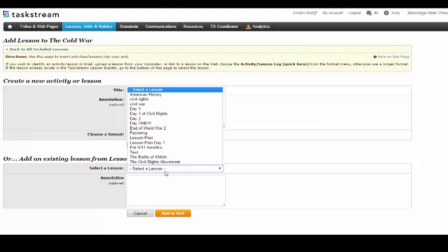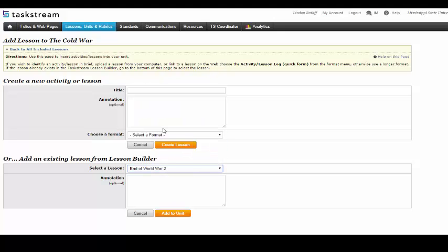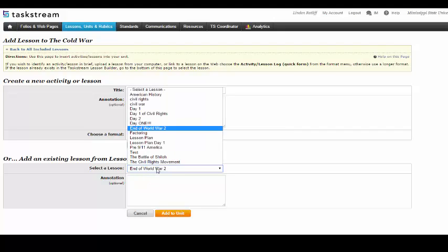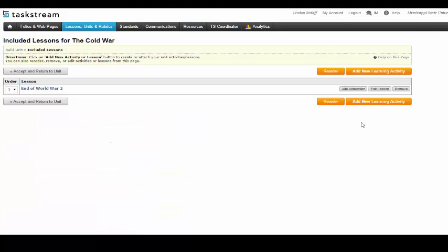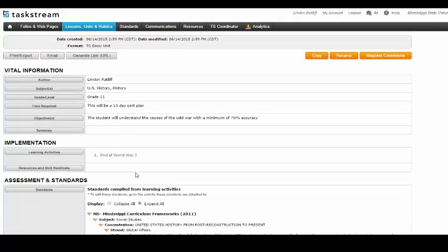Or do you want to add? So I'm going to pull End of World War II. This is the lesson plan that I've already created in the lesson plan builder. Add to unit. All right. Accept and return to unit. Done. So what I've done is I have pulled my End of World War II lesson plan from my lesson plan builder.